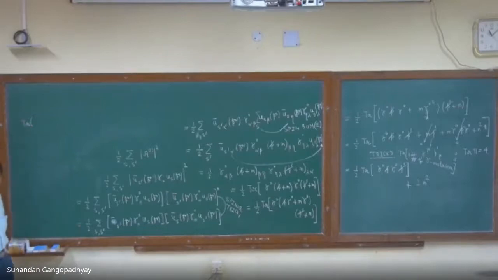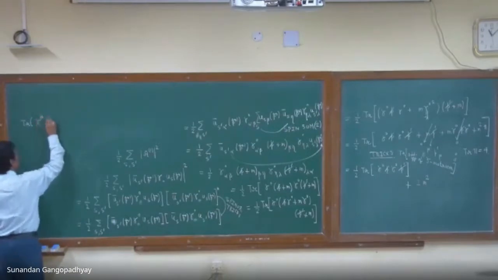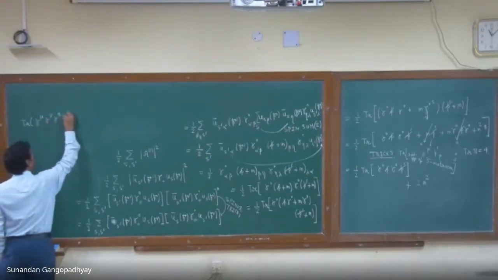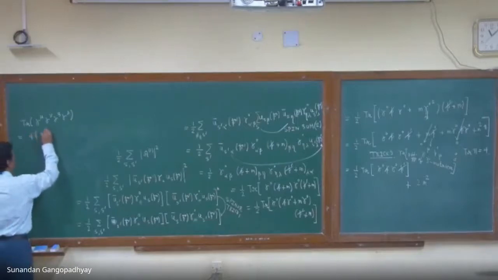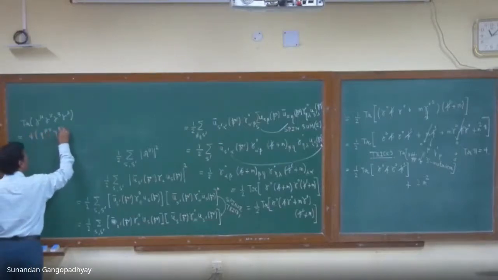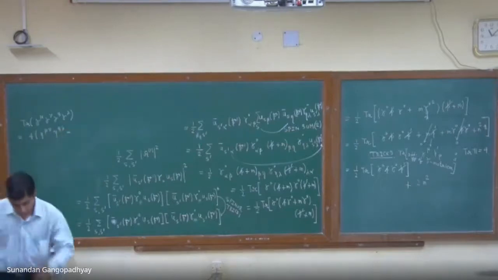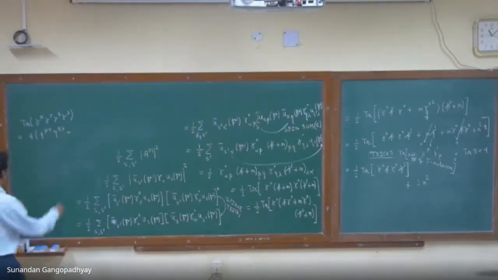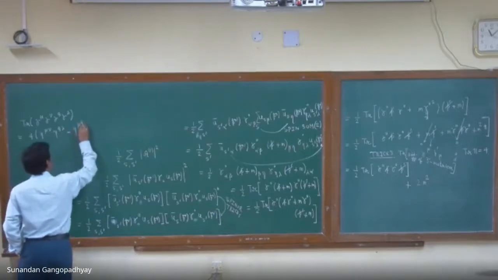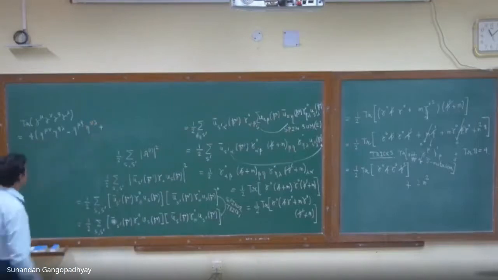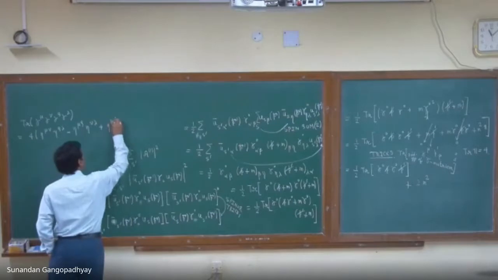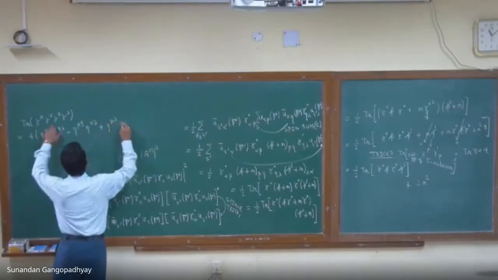This trace of gamma mu, gamma nu, gamma rho, gamma lambda. The formula for this is the following: it's 4 times eta mu nu eta rho lambda minus eta mu rho eta nu lambda plus eta mu lambda eta nu rho.